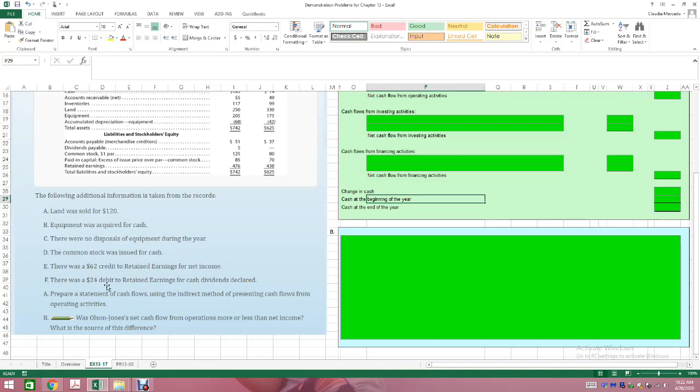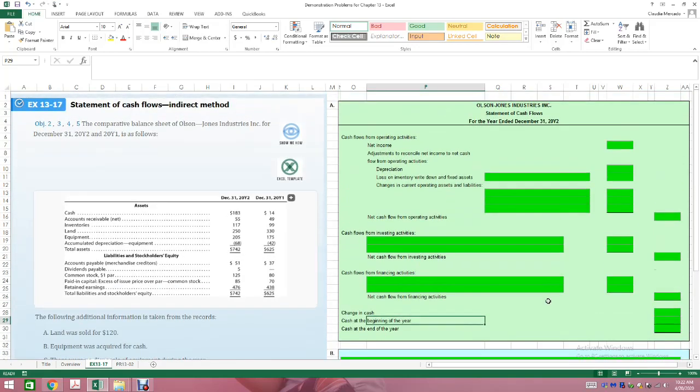There was a $24 debit to retained earnings for cash dividends declared. They are asking us to prepare a statement of cash flows using the indirect method of presenting cash flows from operating activities. And then they're asking us to analyze whether Alton Jones' net cash flows from operations were more or less than net income, and then explain the difference between the two.